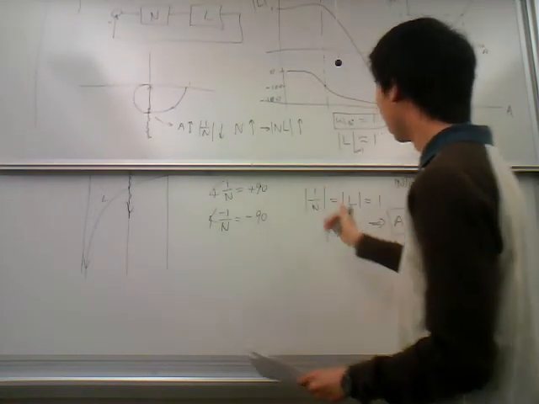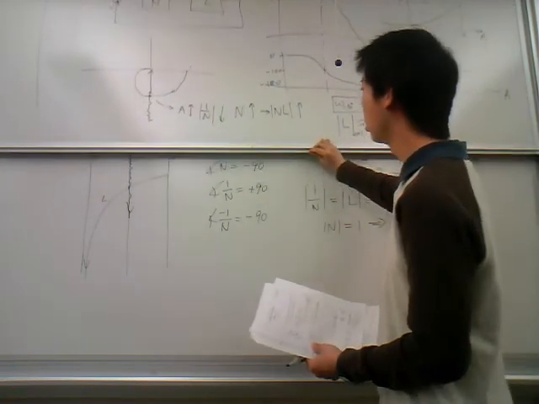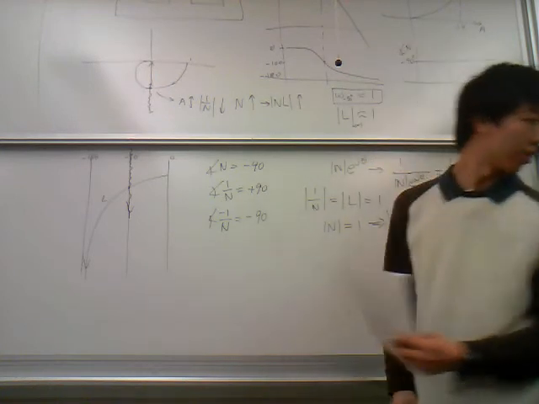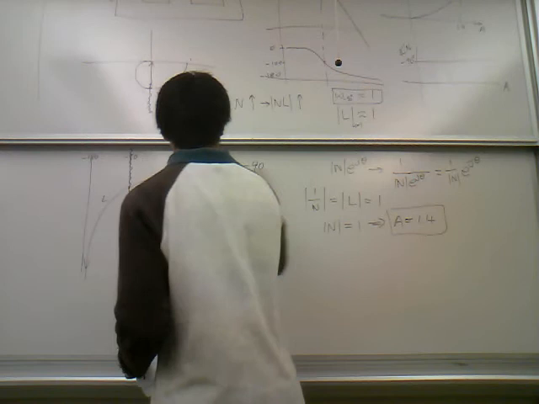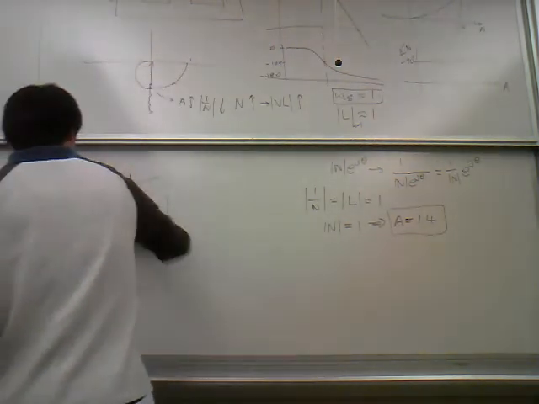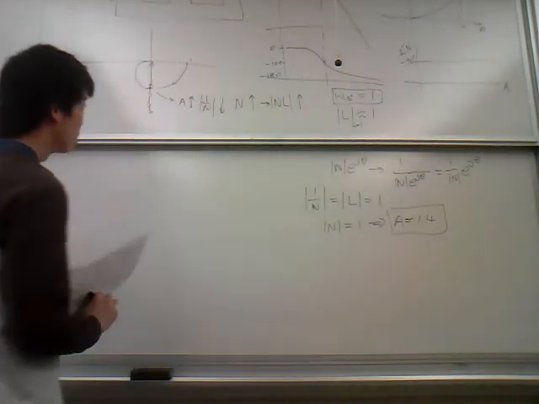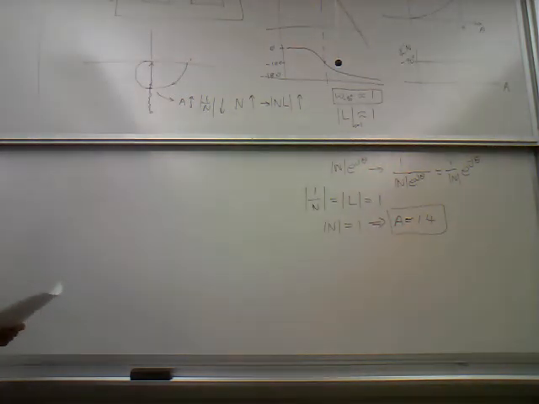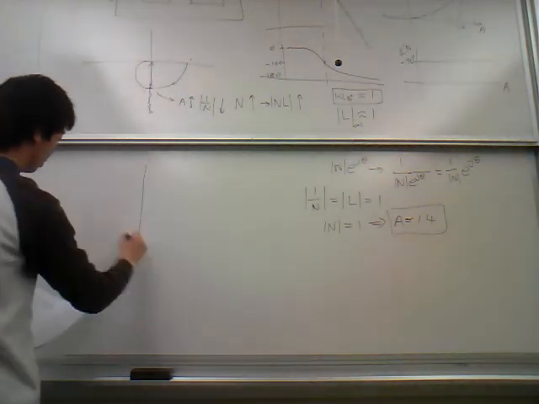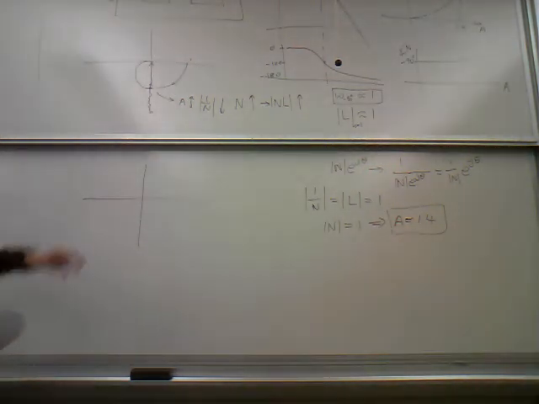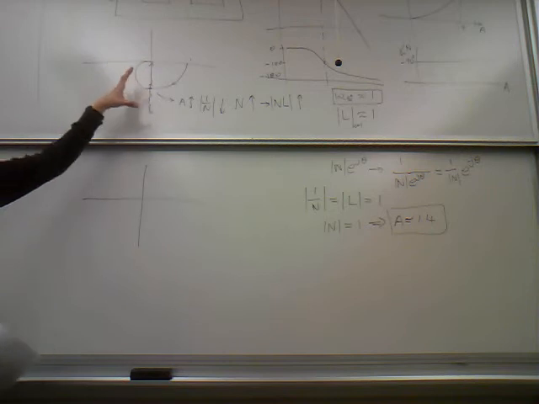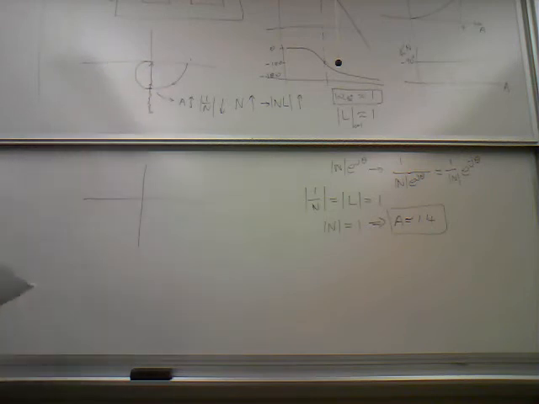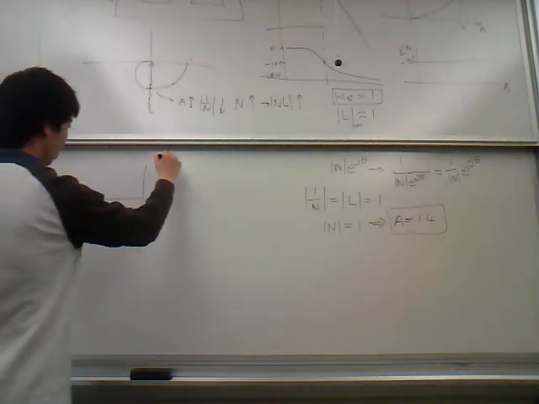Let me just draw, just make that a little bit more obvious. So if we draw the Nyquist plot of NL, that's going to look something similar, except it's going to be shifted by 90 degrees. I'm going to draw NL.